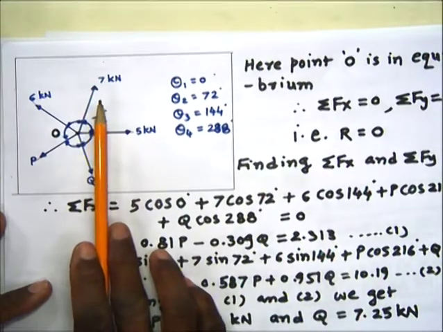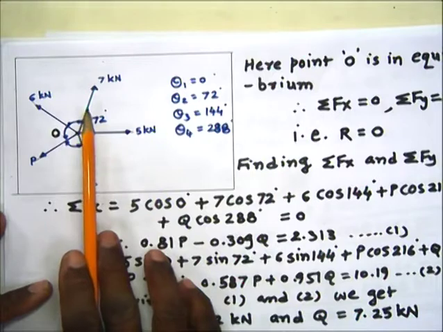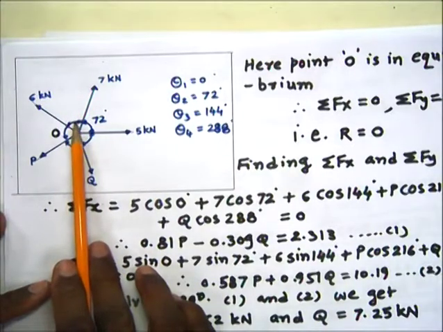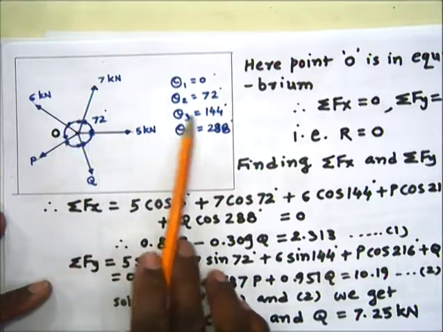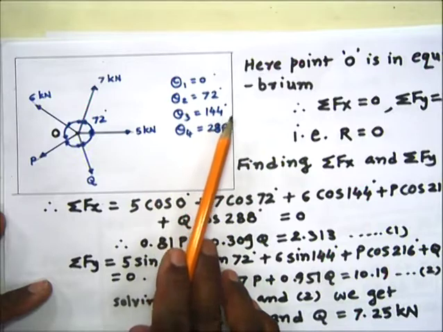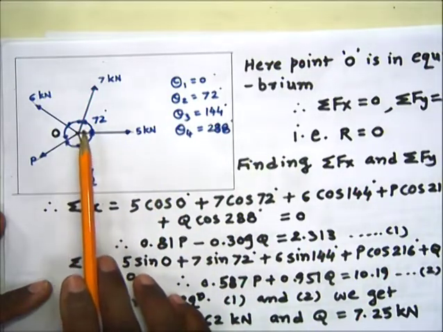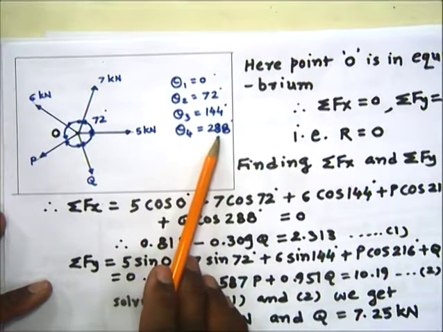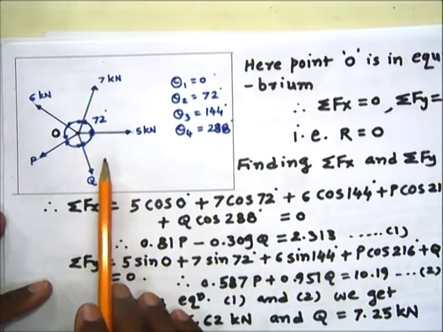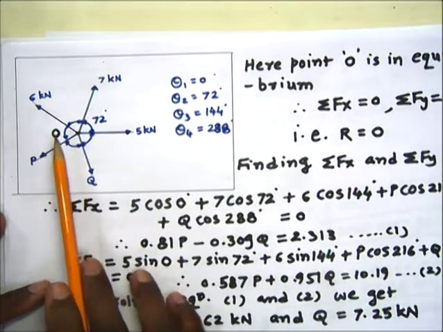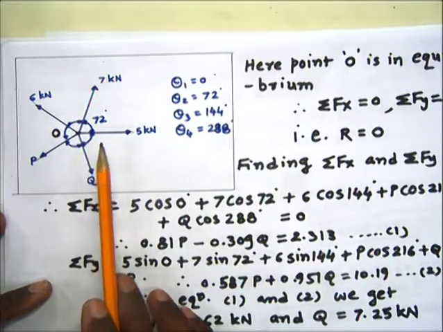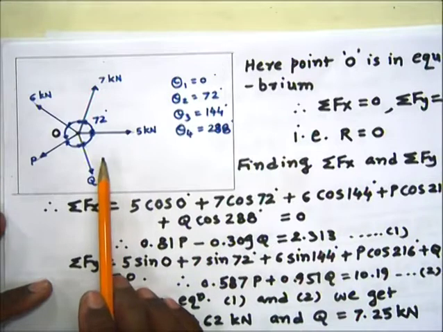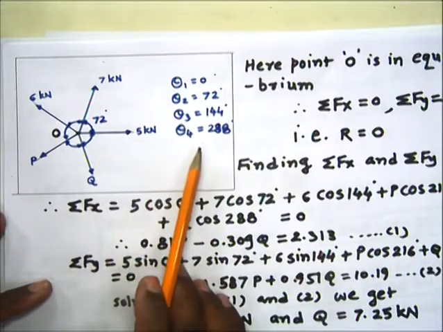For the 7 kN force, theta 2 is 72 degrees. Then the angle of the 6 kN force, measured from the positive x-axis, theta 3, is 144 degrees. For the fourth force P, theta 4 is 216 degrees, and the angle of Q with the positive x-axis, theta 5, will be 360 minus 72, that is 288 degrees.